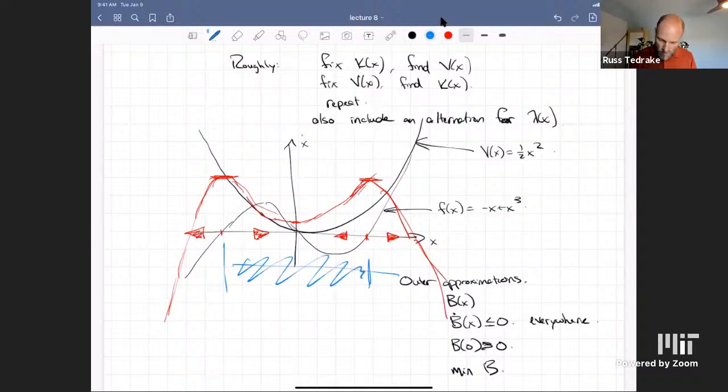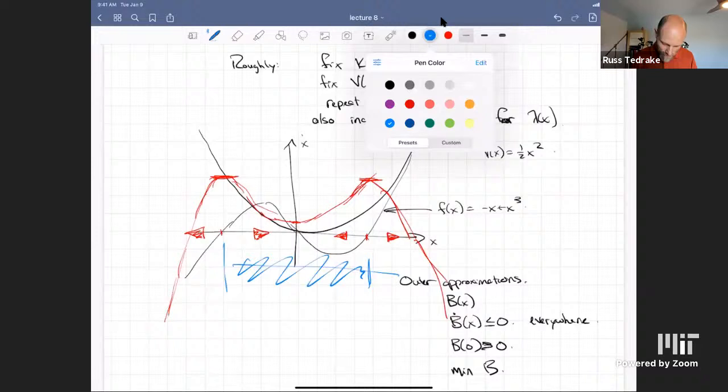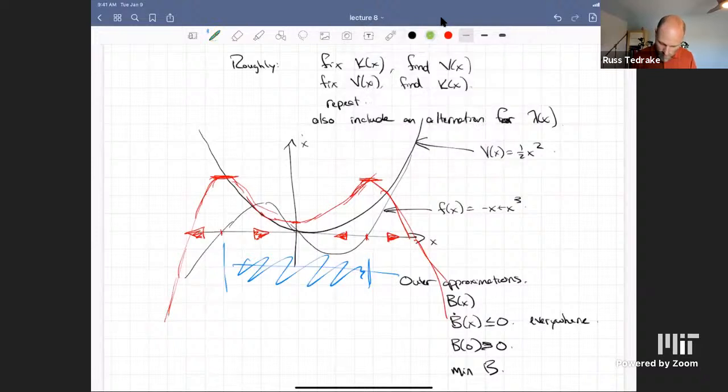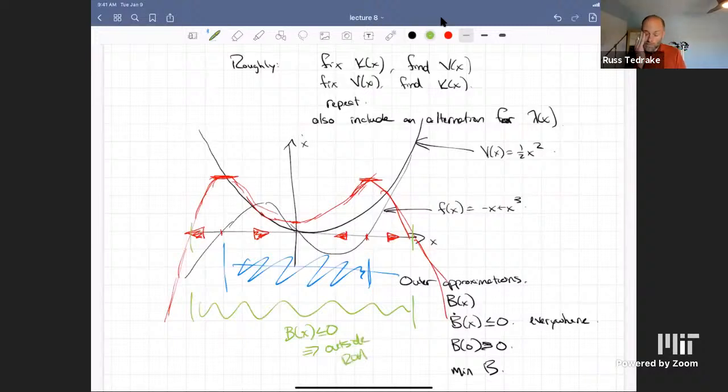It's going to come up with this outer approximation, which is b of x less than or equal to 0 implies outside the ROA.